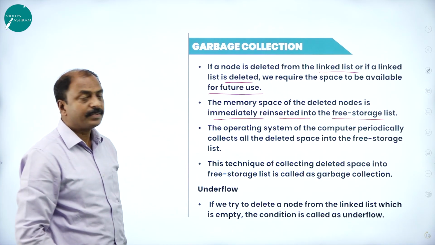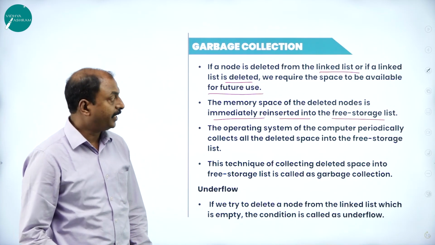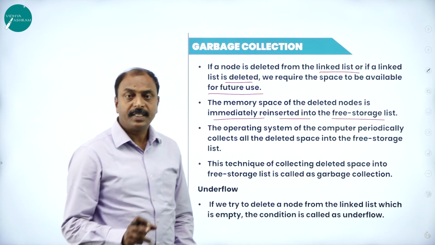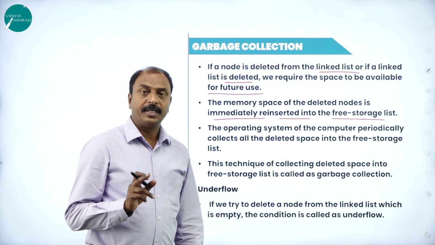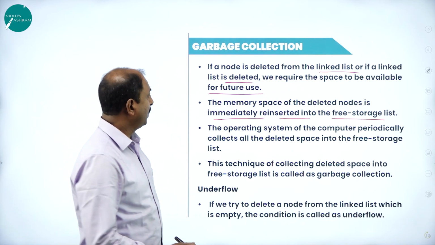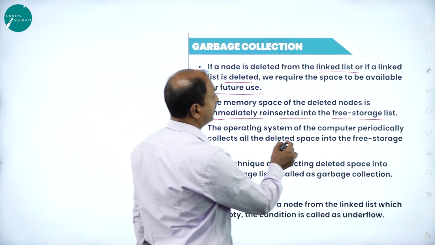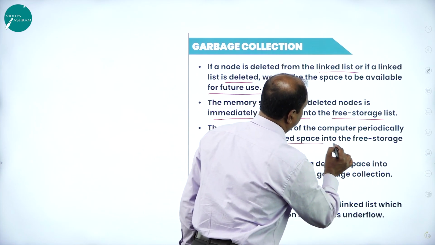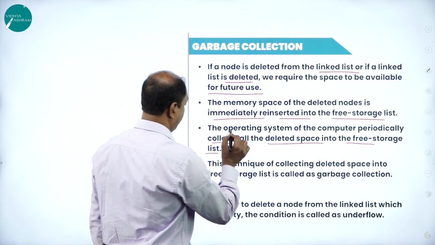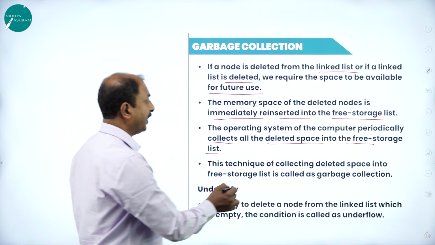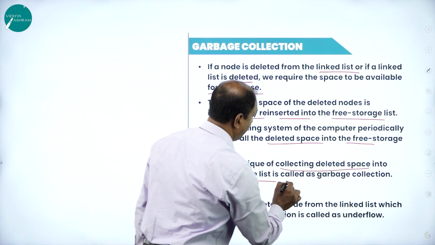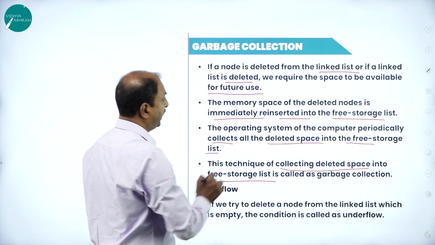So here we have a separate linked list which contains all the deleted nodes from different linked lists. The operating system of the computer periodically collects all the deleted space into the free storage list. This technique of collecting deleted space into the free storage list is called garbage collection.